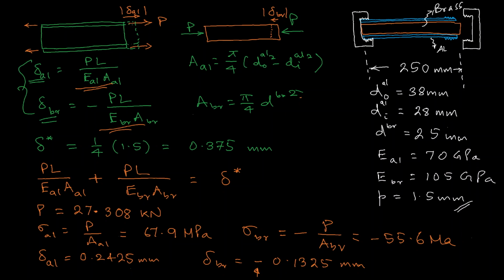You just have to do one thing: in the calculation of these deltas, one more term will come, that is L times alpha aluminum times delta T, and similarly for brass, so plus again one more term. That's the only thing which will change, and the rest will remain the same. Again you can calculate everything under that condition, whether the temperature is decreased or increased with respect to the temperature at the assembly time.